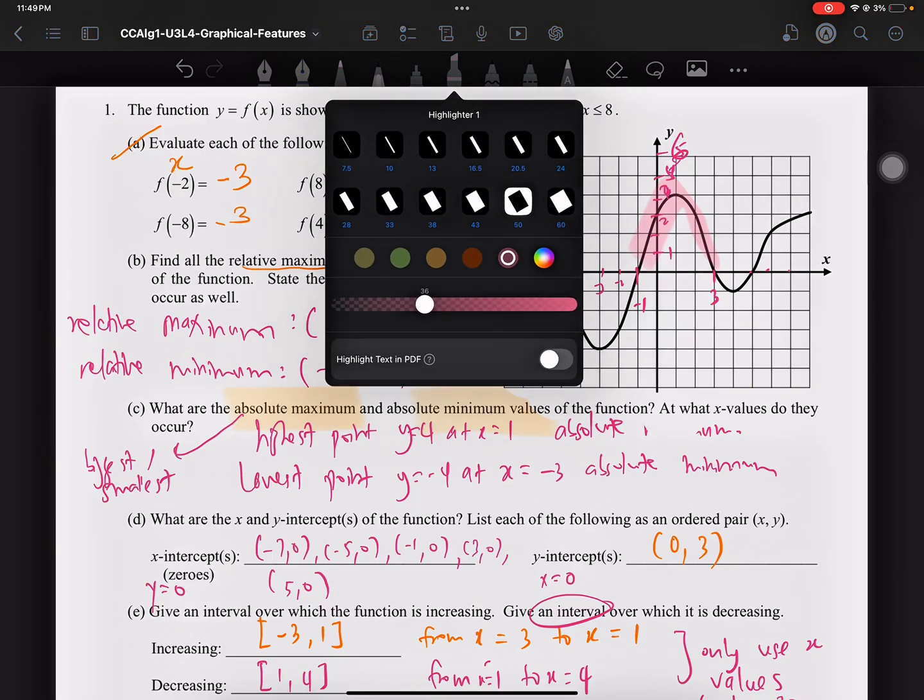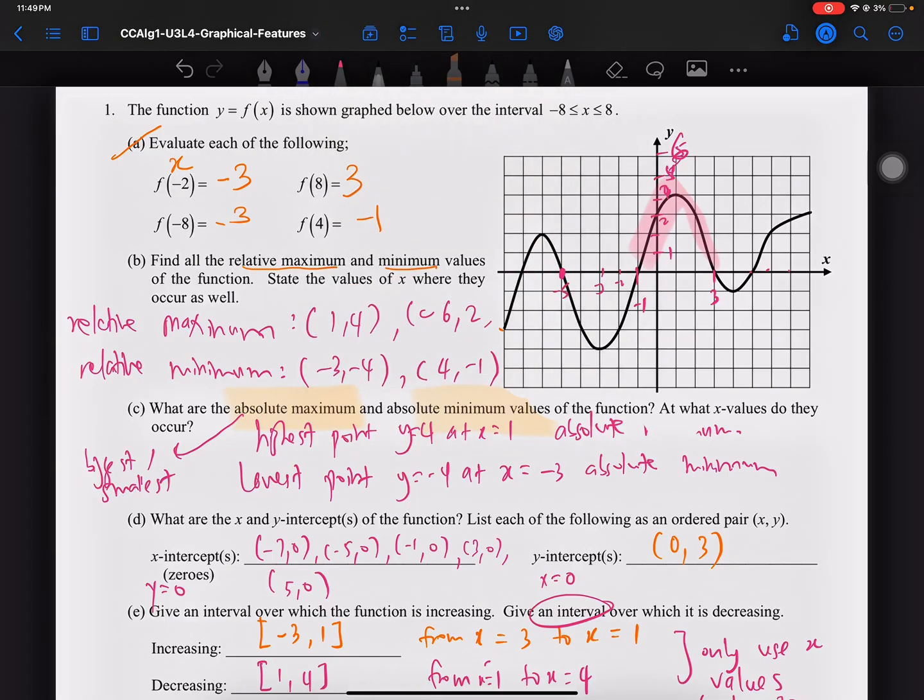If the question asks for an interval for this one, just as an example, that part is below the x-axis, so it's negative there. The function is positive where it lies above the x-axis. An example of a negative section is here. This is negative. This is positive.